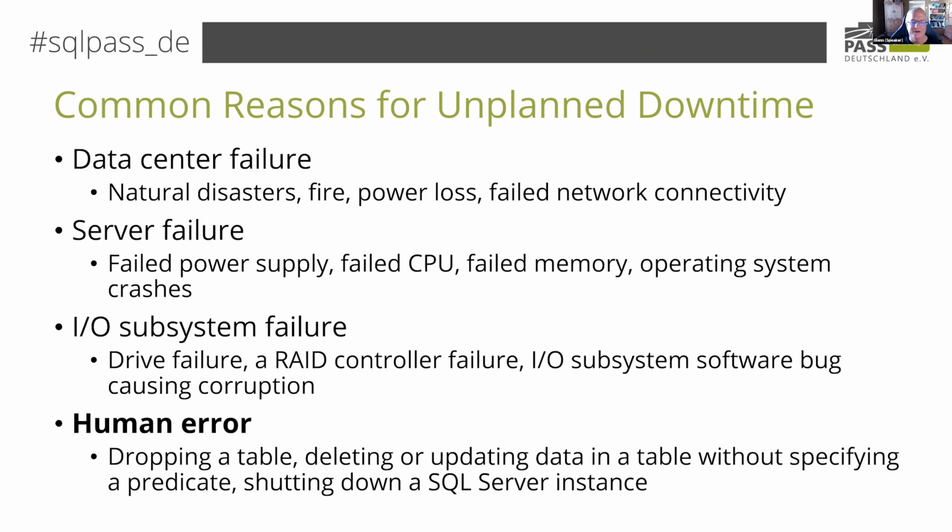But if you're a production DBA and you make one little mistake and you accidentally drop a table because you thought you were connected to development, but you're connected to production, people tend to notice that, right? And that can cause an outage. That happens so often. It's so easy to make a little mistake and your blood just runs cold. Oh, what did I just do? So that's the most common reason for unplanned downtime. And there are things you can do to mitigate against that happening besides just being careful, which you should always be as a DBA.